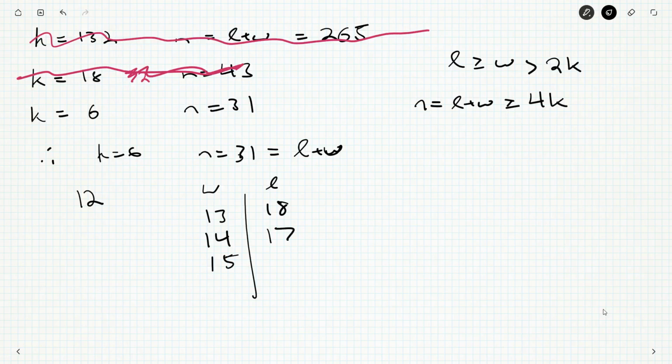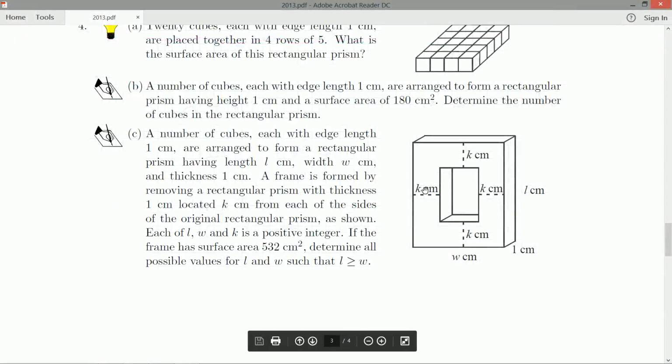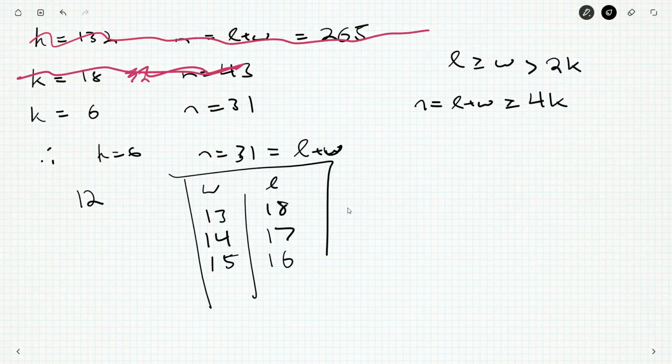If you were allowed to have sort of an empty equilateral, actually no, you couldn't have an empty equilateral, I keep saying equilateral triangle. I was wondering, could I let W be equal to 2K? But no, you can't have an empty prism be taken out because our formula would break down. And so these are our possibilities.